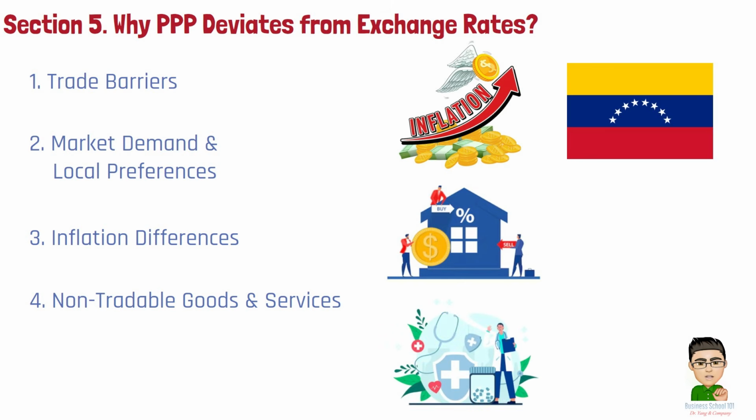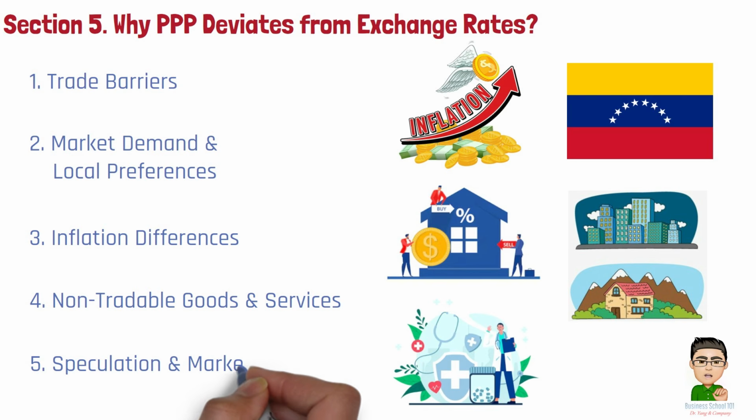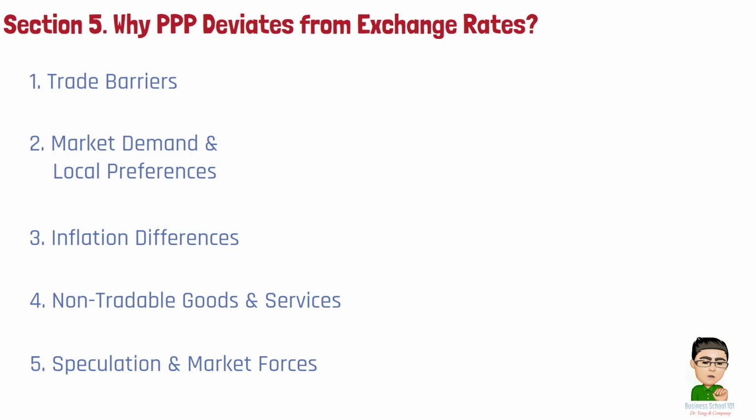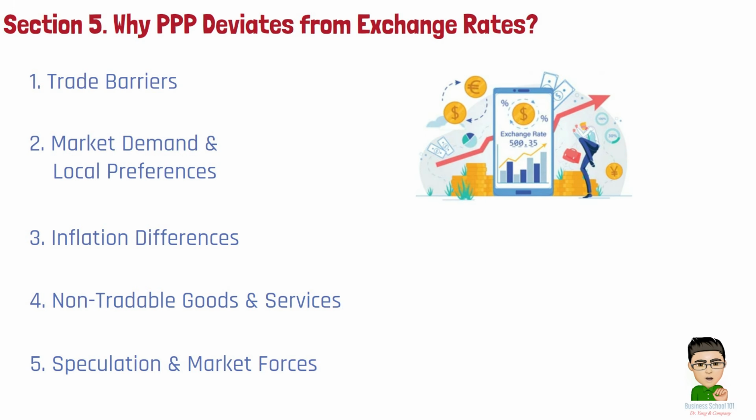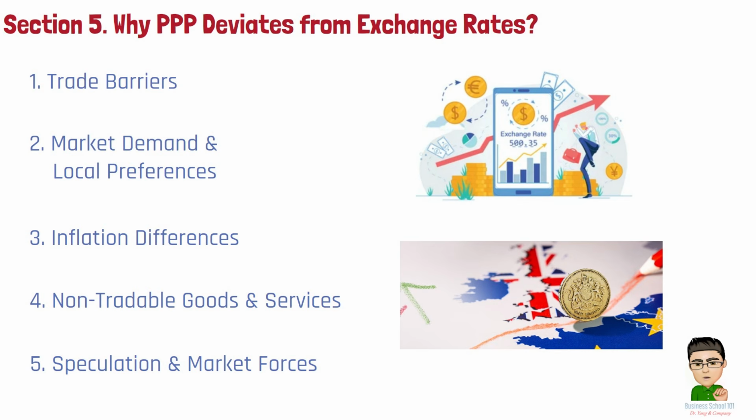For example, a home in New York may cost much more than in rural areas, which PPP doesn't account for. Number 5. Speculation and market forces. Exchange rates are also influenced by market speculation and central bank actions, further driving exchange rates away from PPP in the short term. For example, uncertainty about Brexit led to sharp fluctuations in the British pound, deviating from PPP.